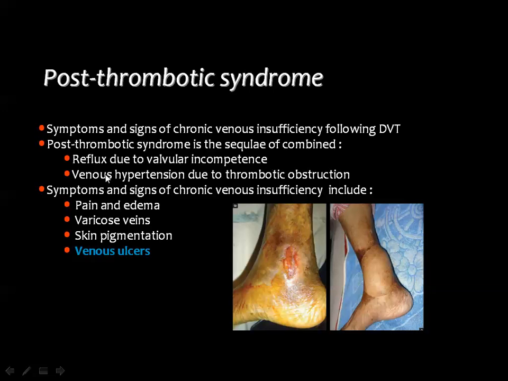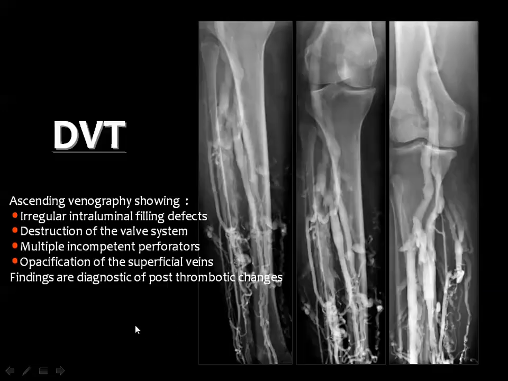Then you get venous hypertension due to thrombotic occlusion, and stasis due to destruction of the valves. This will result in a combination of symptoms, including pain and edema, varicose veins, skin pigmentation, and venous ulcerations, which are very resistant to treatment, and they usually need excision and grafting of the area that developed ulceration.